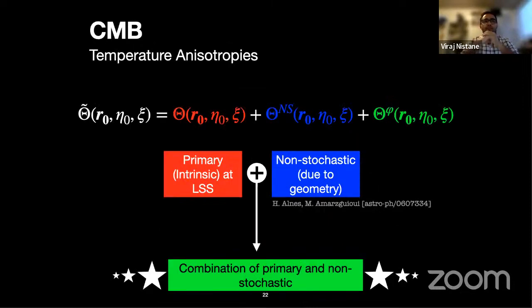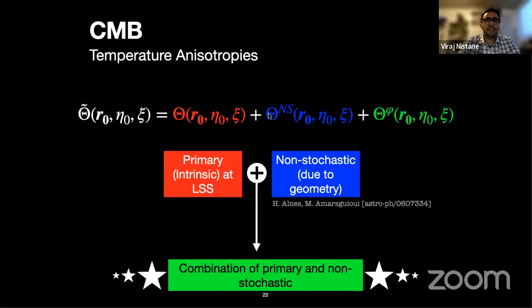The CMB temperature anisotropies mainly have three contributions in this model. The first one is the primary, or intrinsic, anisotropies present at the last scattering surface, which are due to the inflationary phase of the universe. Secondly, we have the non-stochastic temperature anisotropy contribution, which is solely due to the geometry of the universe.